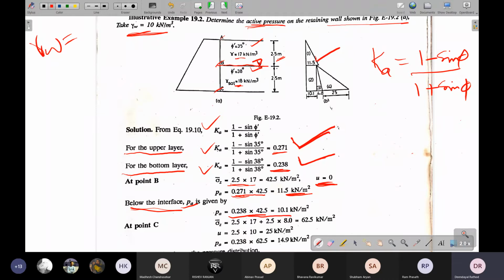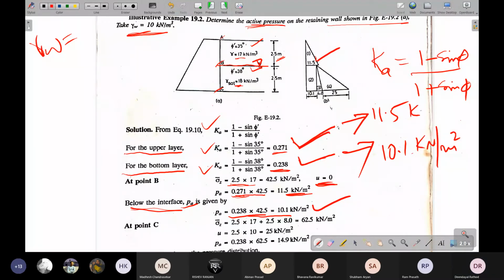Now when you use that one, it reduces to 10.1. First 11.5, next 10.1. So this is active earth pressure, which is acting like this.